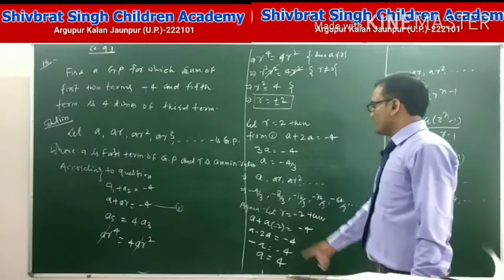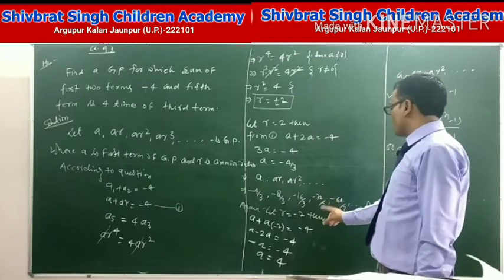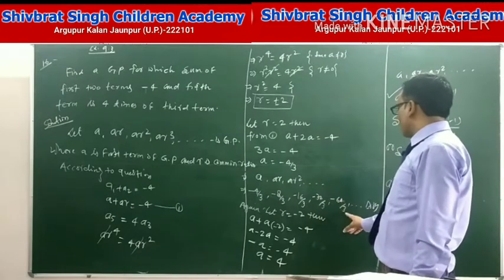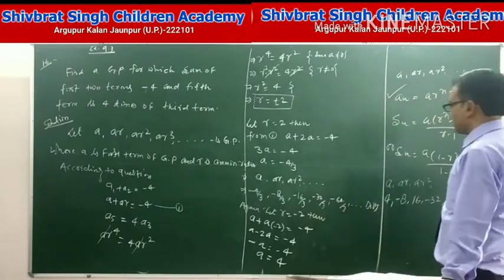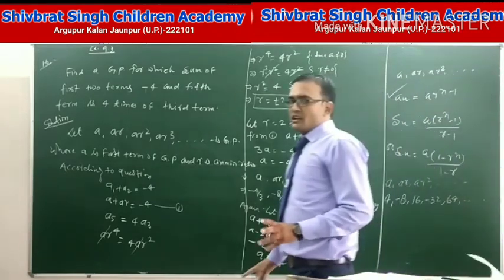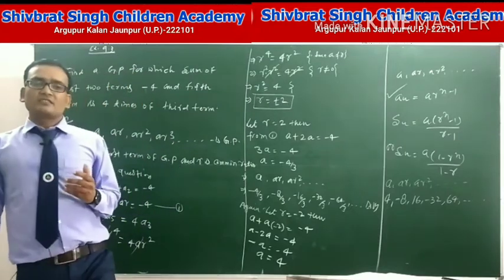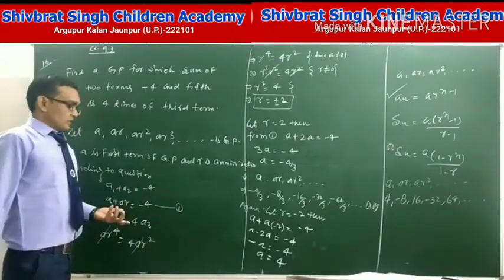The first answer is minus 4 by 3, minus 8 by 3, minus 16 by 3, minus 32 by 3, minus 64 by 3, and so on. The first GP is this and the second GP is this. Is our answer correct or incorrect? We check this.